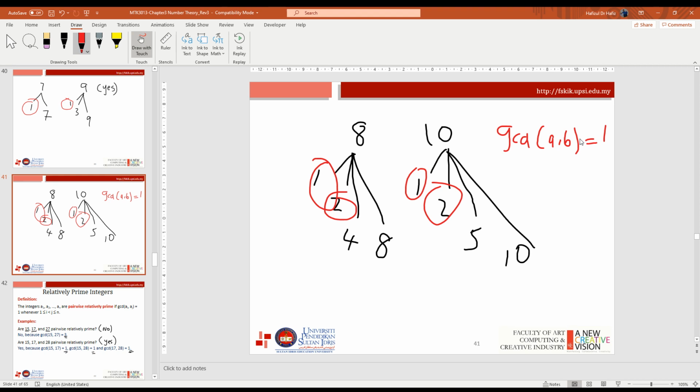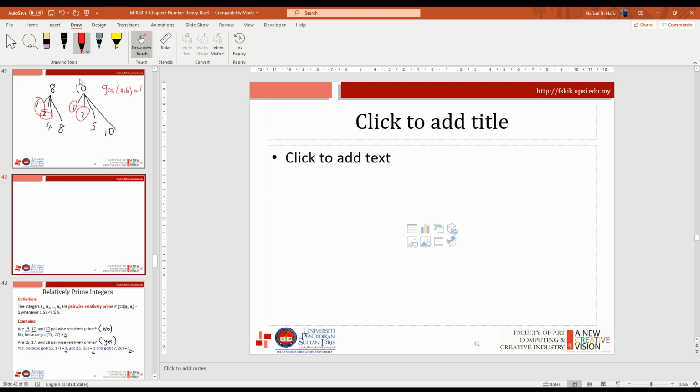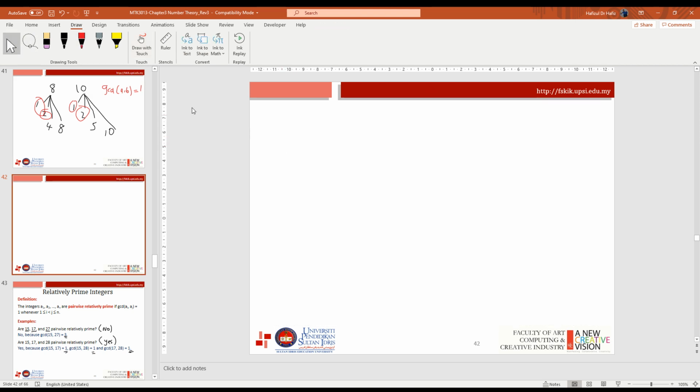Okay, I give you another example. 31 and 36, is this one relatively prime?